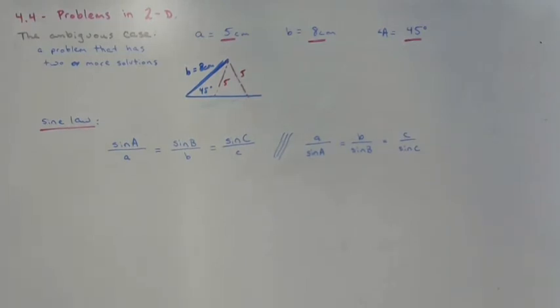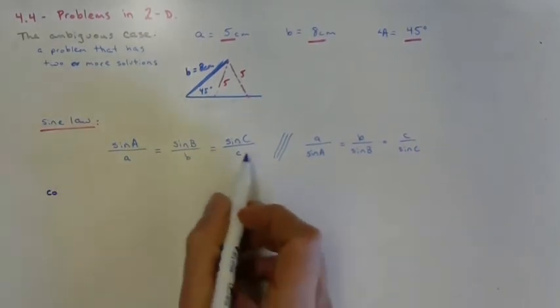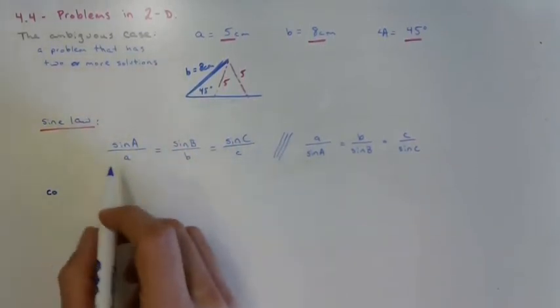The other thing that we have, which is going to come up in today's lesson, is the beloved cosine law. This is just something that is always true in acute angle triangles.